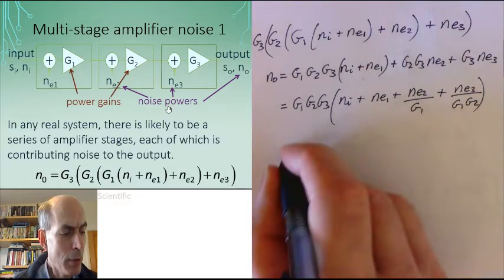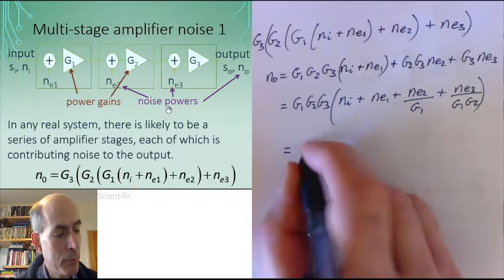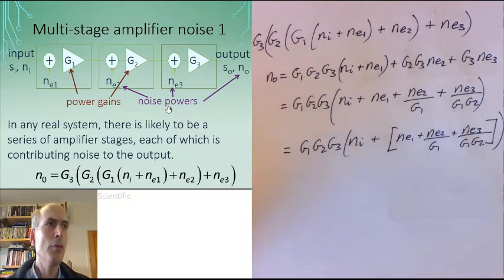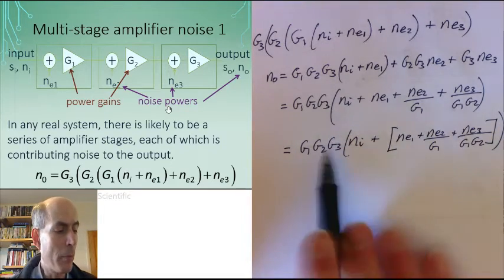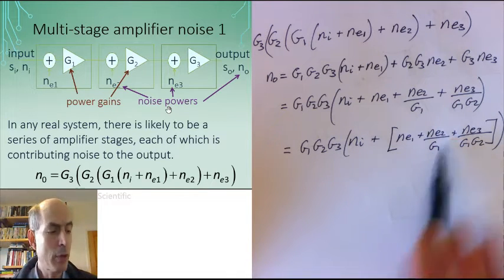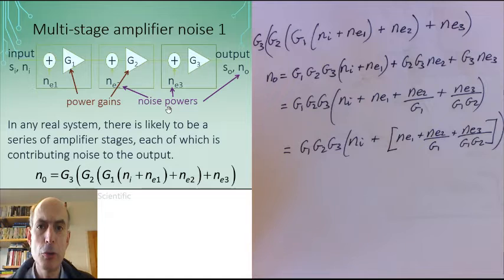And if I write that like this, you might see that that has the same form as the expression that we used to separate out the noise contributions from a single stage amplifier.